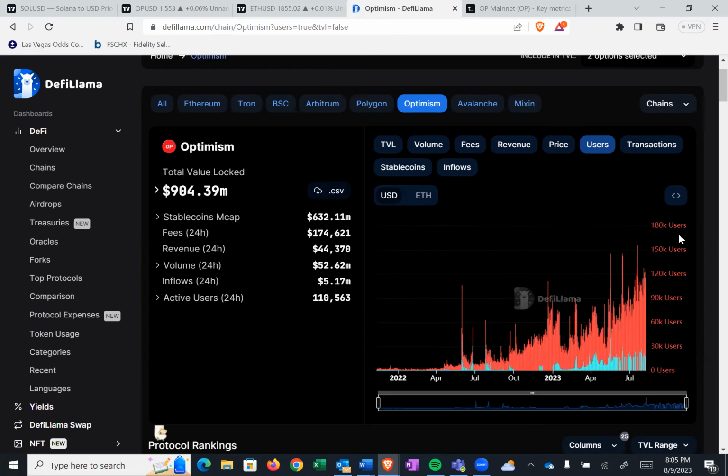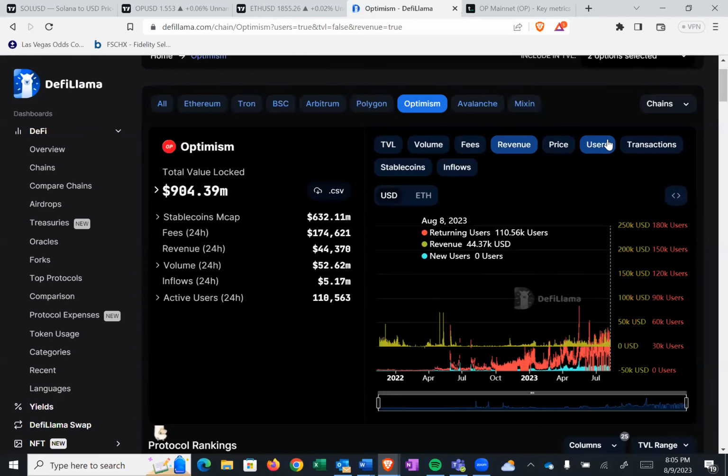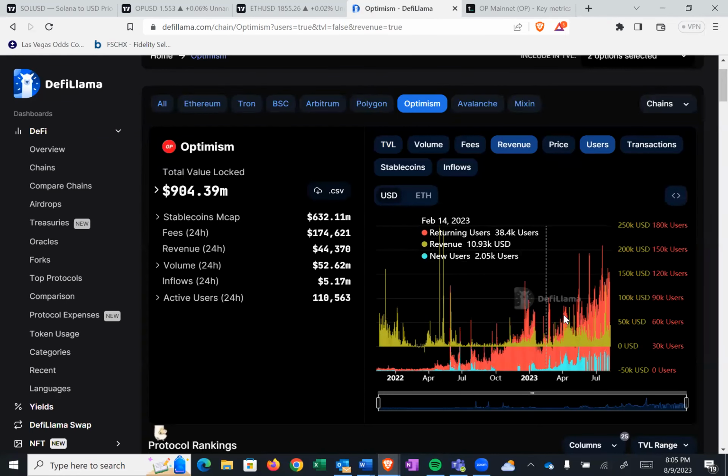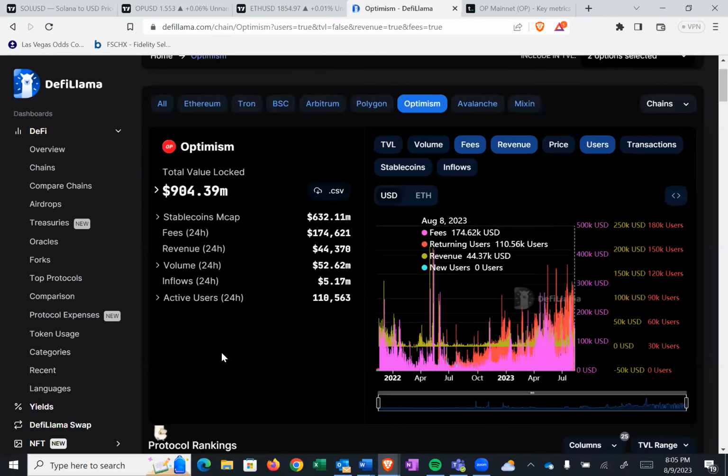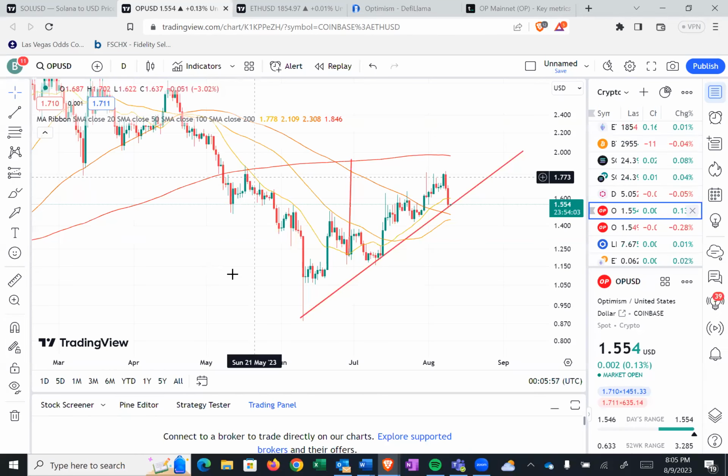It just continues to go up. It's an exponential move, really. It doesn't stop. You can look at revenue. Revenue has continued to go up. Fees have continued to go up. And so, across the board, everything is looking good.